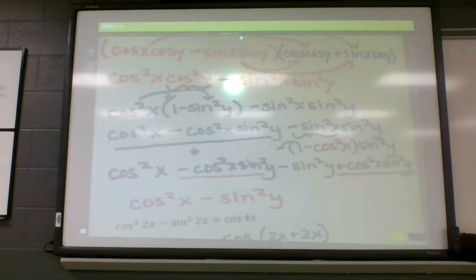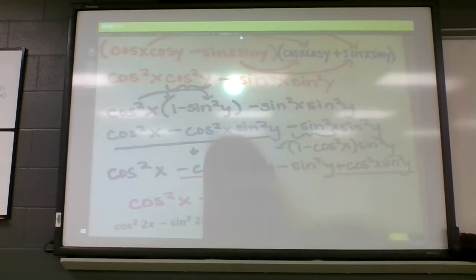You could have done one thing slightly different on this step in light blue, the one I'm pointing to. Instead of changing the sine squared of x to get to here, you could have noticed that this term and this term both had a sine squared of y, and you could have factored out the negative sine squared of y. You see how they both have them?